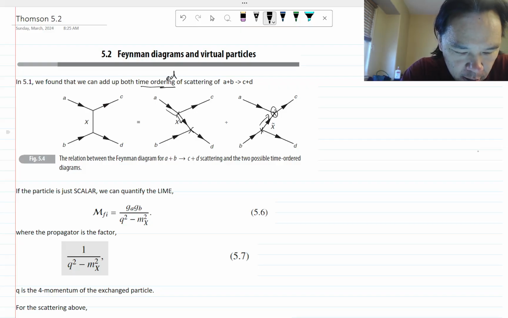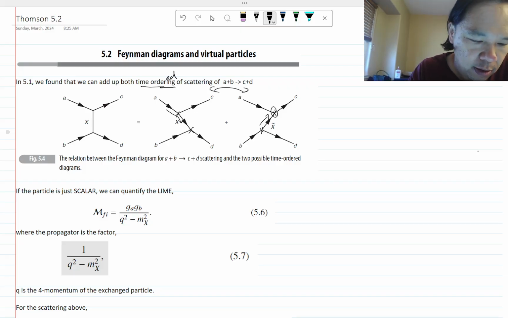What we found last time was that if you add up both of these diagrams, at least for scalar particles, you get a matrix element that's just going to be whatever the coupling constant GA is, and whatever the coupling constant GB is, divided by Q squared minus the mass of the exchange particle squared between them.